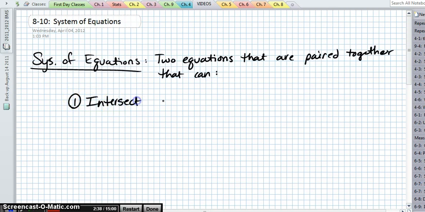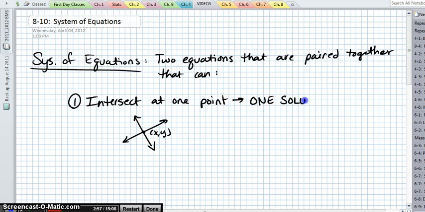They intersect at one point. So maybe you have something that looks like this, two lines that intersect, and this one point here would be their solution because that x and y value make both of the equations true. So you have one solution, and it happens to be whatever that coordinate is.